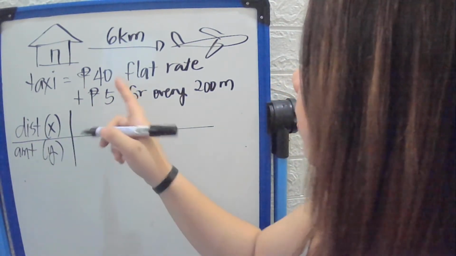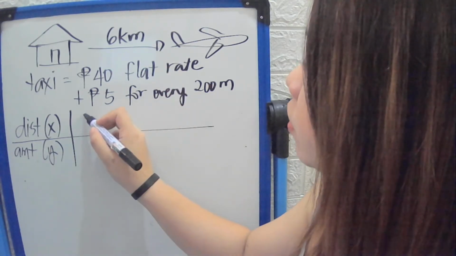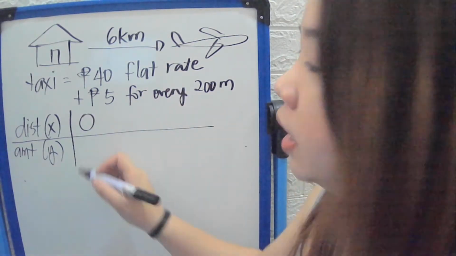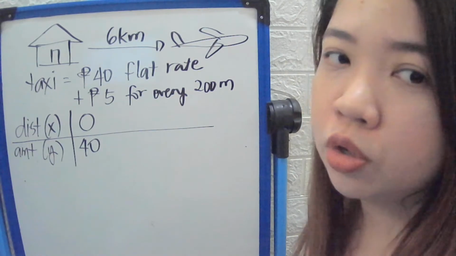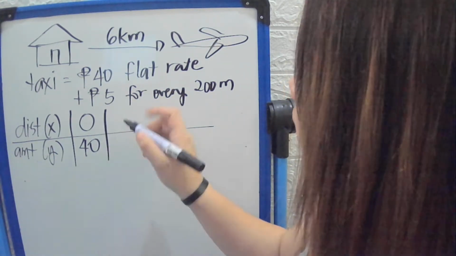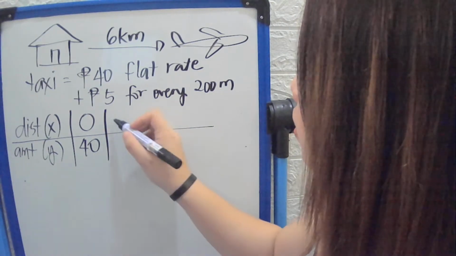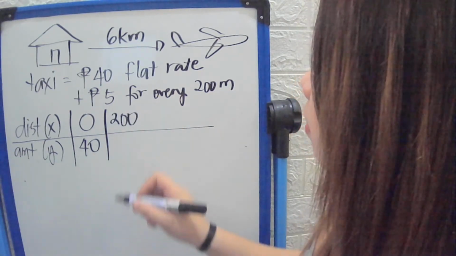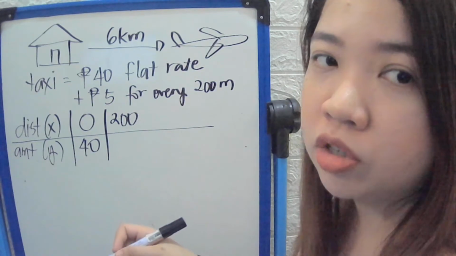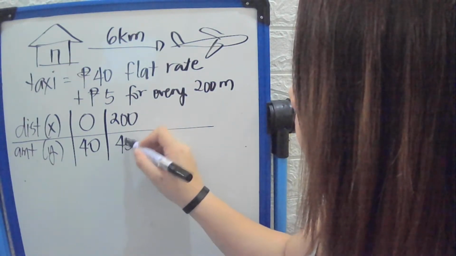Now, sabi dyan, 40 pesos yung flat rate. So, wala ka pang nata-travel, meron ka nang babayaran na 40 pesos. Kapag nadagdagan ka na ng 200 meters from your house, magbabayad ka na ng additional 5 pesos. So, magiging 45 na siya.